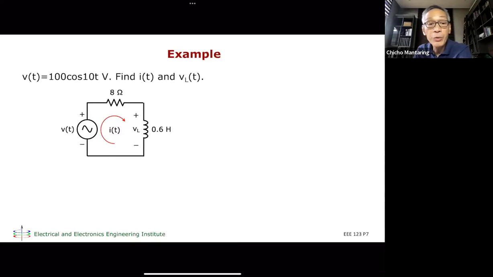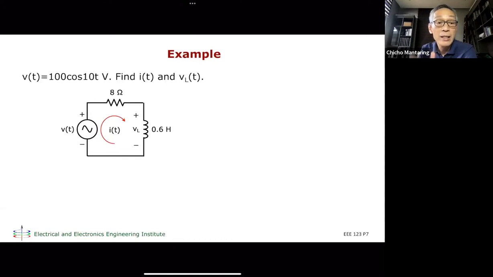So the best way for me to illustrate this is through an example. So let's take an example. This is a very simple circuit. I have a sinusoidal voltage source whose voltage is 100 cosine 10t. So walang phase angle, the phase angle is equal to 0.